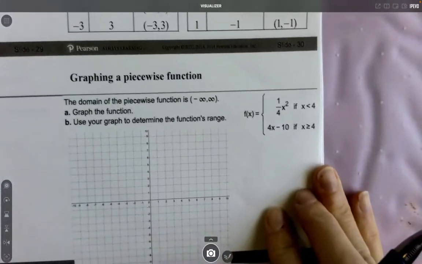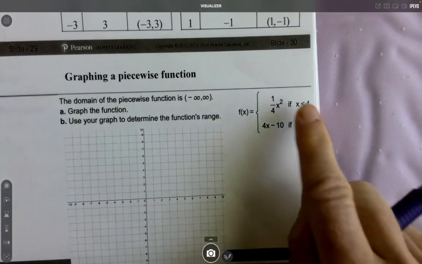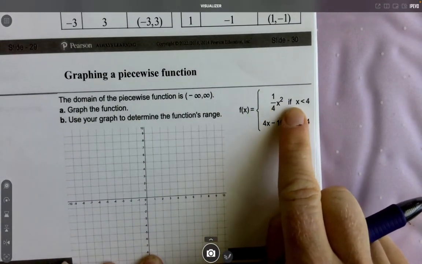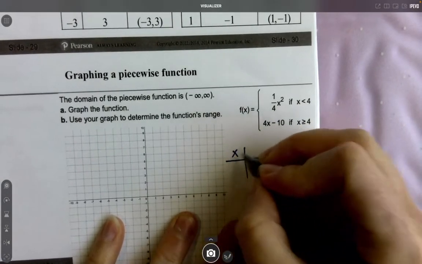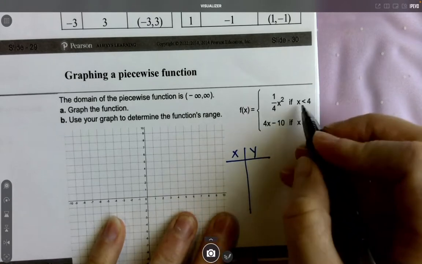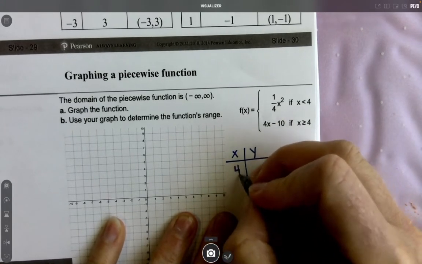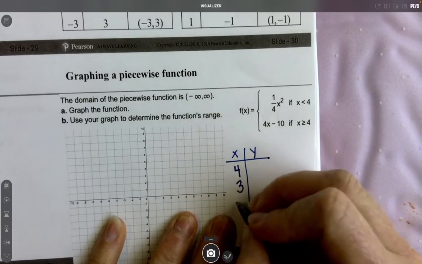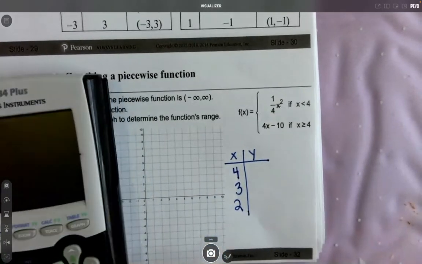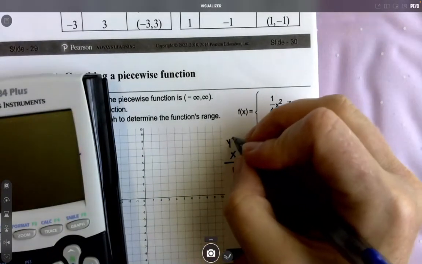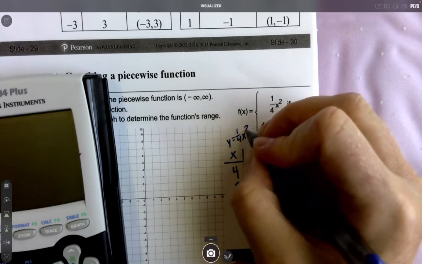So let's look at this one, where we have 1/4 x squared if x is less than 4. So x, y. So we'll go ahead and do 4, 3, 2. So we'll plug in that. So this is y equals 1/4 x squared.